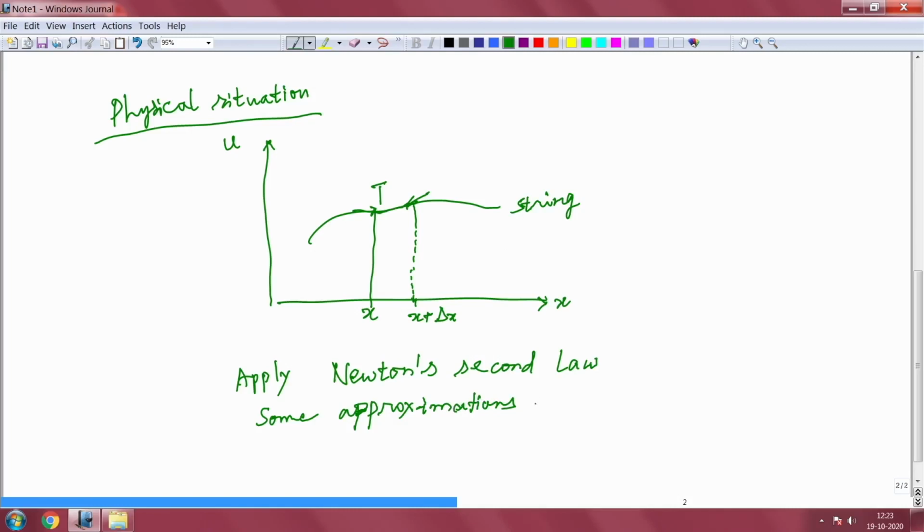These are approximations regarding small oscillations, so this is not valid for large oscillations. If you take arbitrary oscillations, then the equation becomes nonlinear, which is more difficult to analyze. Okay.